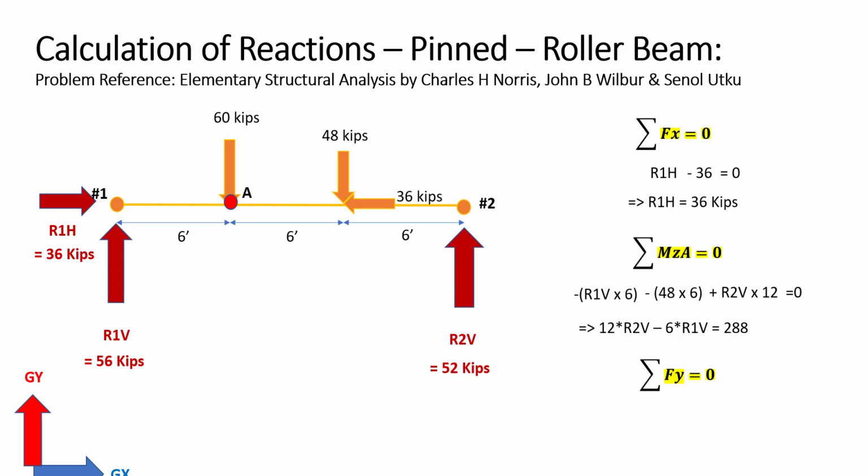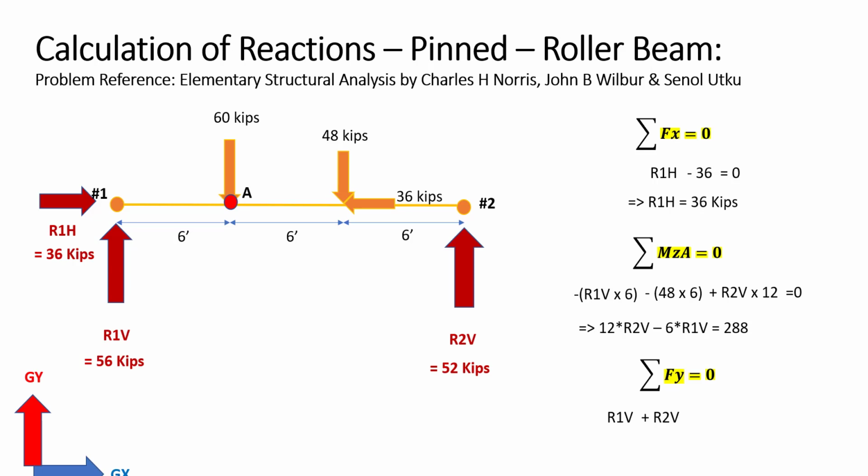Now, let us think about the other equation of equilibrium, which is summation of the forces in the y direction is 0, or sigma Fy equal to 0. In that case, our assumed directions of R1V and R2V are along the positive direction of the global y-axis, and thus R1V and R2V would be positive.